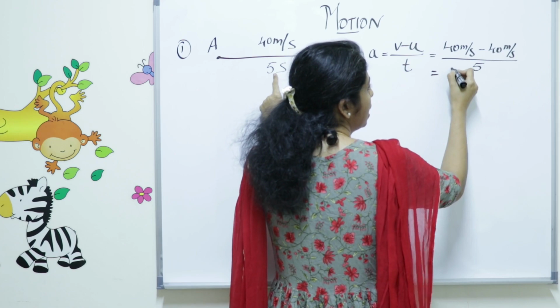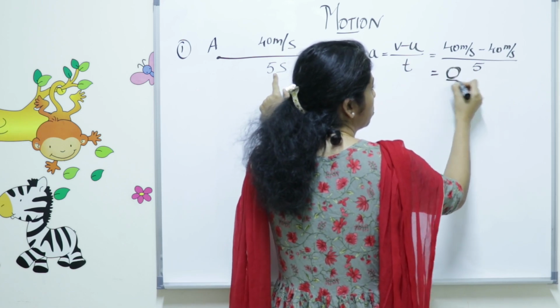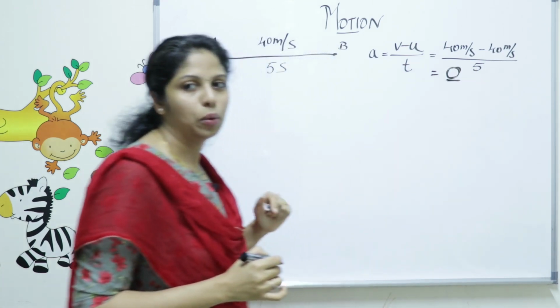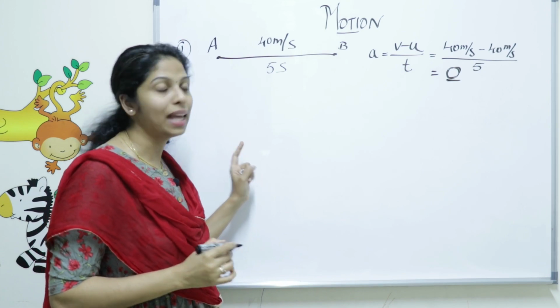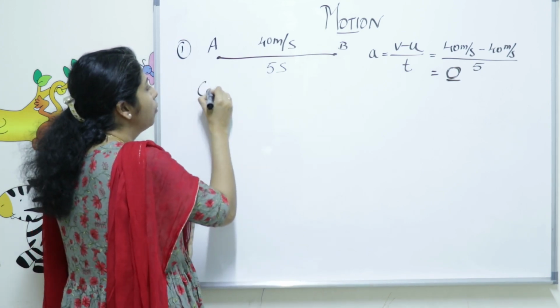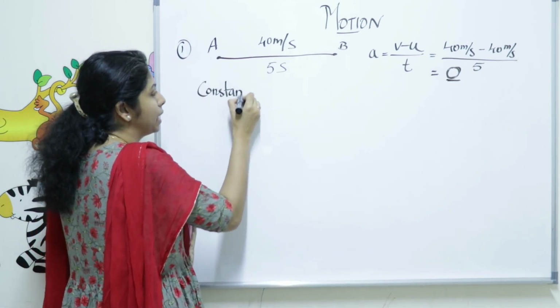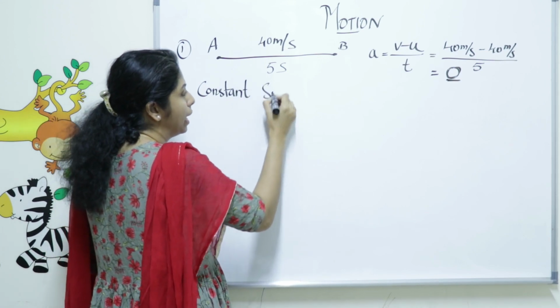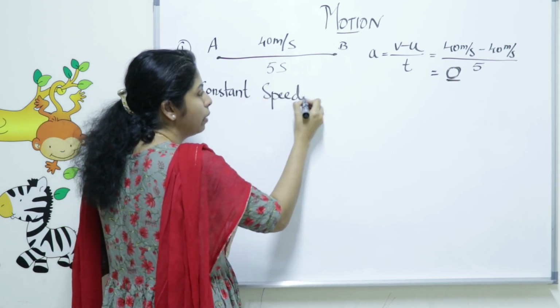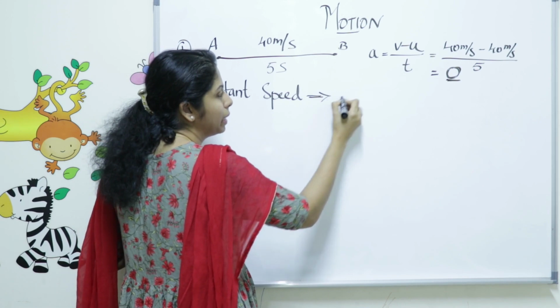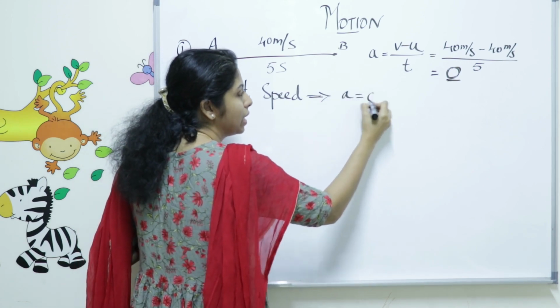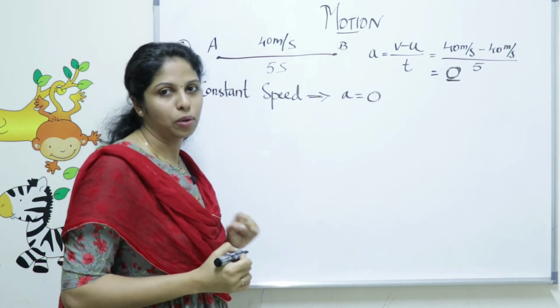Therefore, you get 0. So, from this what did we understand? An object which is moving with constant speed will have acceleration 0.